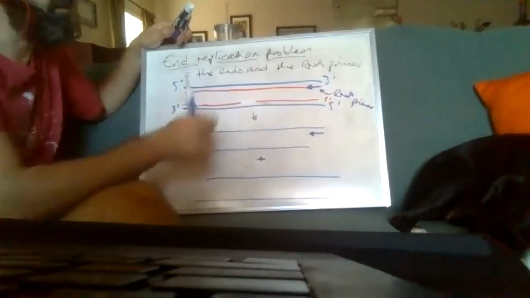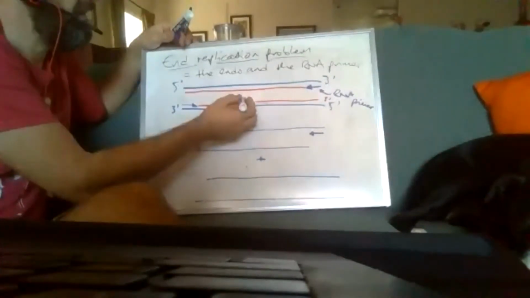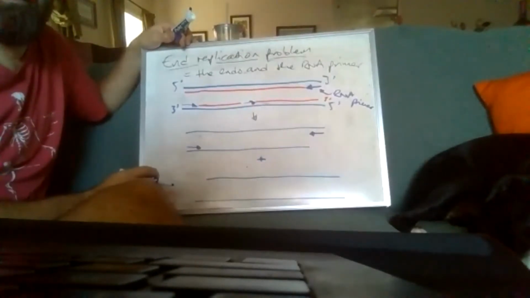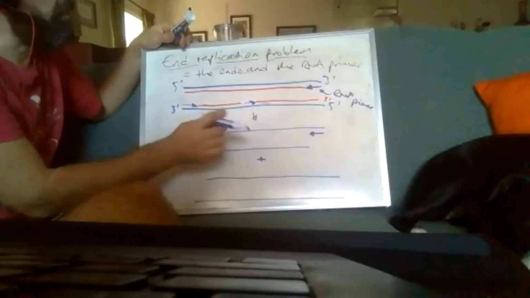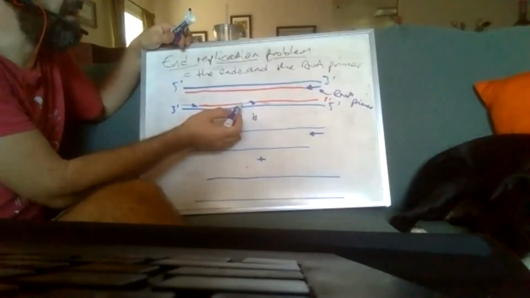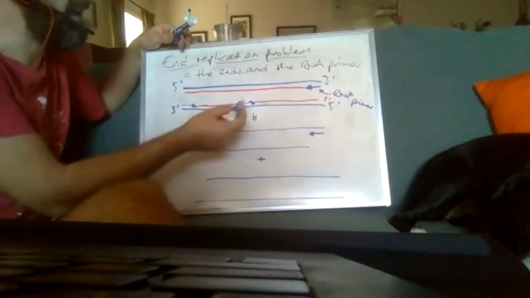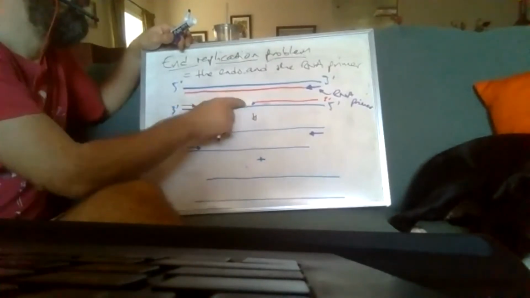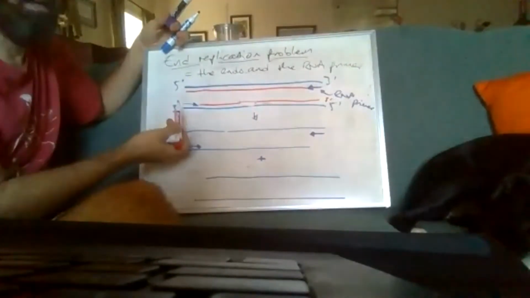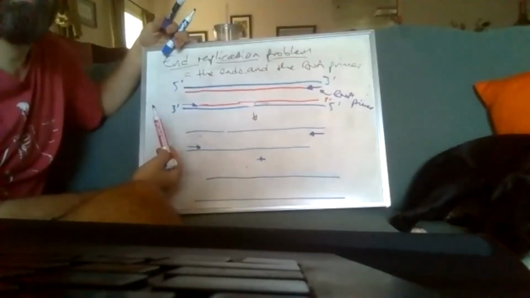Any that are in here are going to get filled in by DNA pol delta, for example, because there's a 3' OH at the end of this Okazaki fragment to use to synthesize the strand to replace that RNA primer. But at the ends, there is no bit of DNA because it's at the end of the chromosome, right?